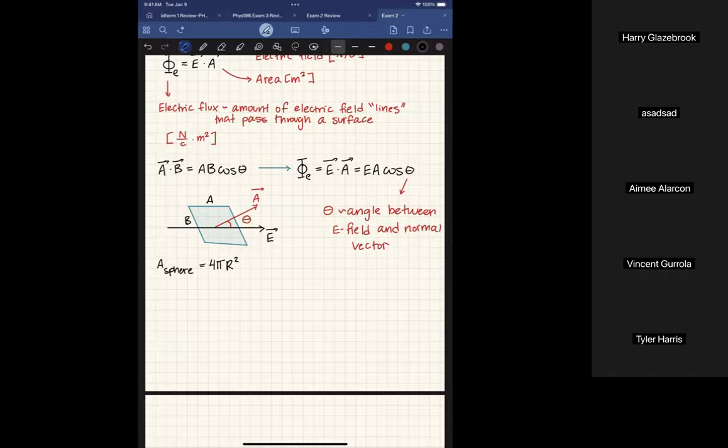And if you have another common one, which is cylinders, the area is going to be pi r squared times L, where L is the length of the cylinder. So these are two area equations to keep in mind. We're going to see them a lot when we look at flux.